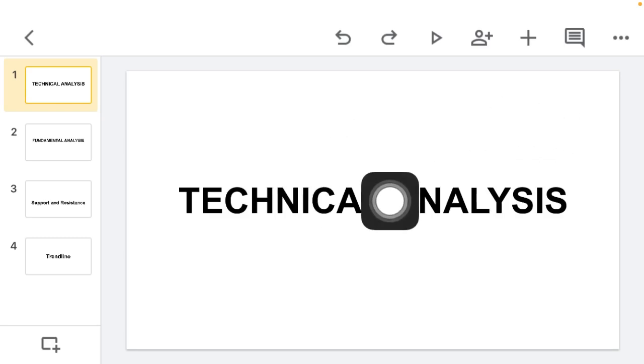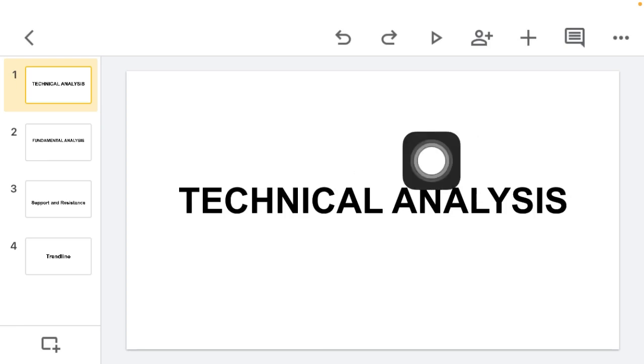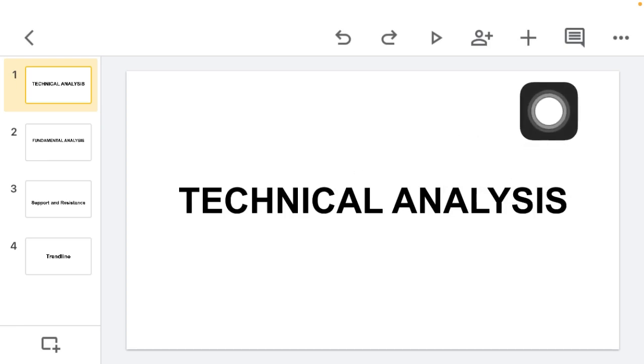When we talk about technical analysis, we're talking about making use of various tools to analyze the market. When we talk about analysis, we're talking about looking for possible means, or looking for the direction of the market, to join the market and make profit.